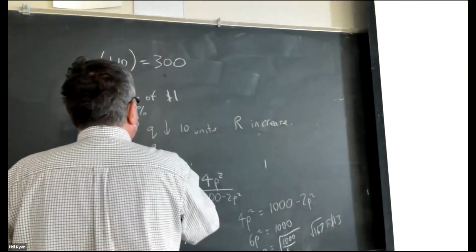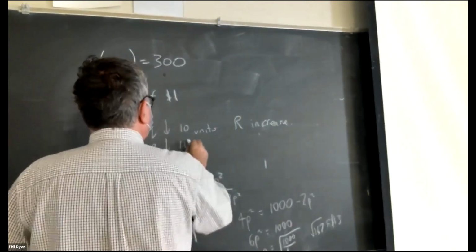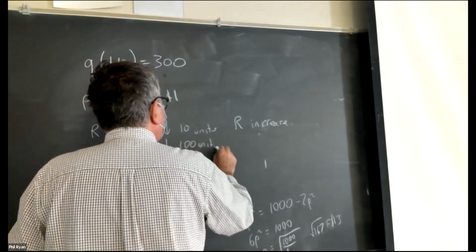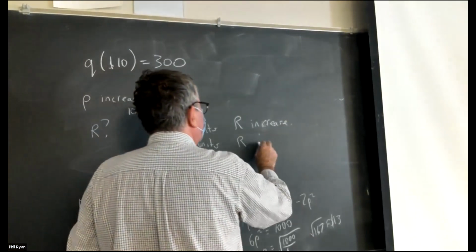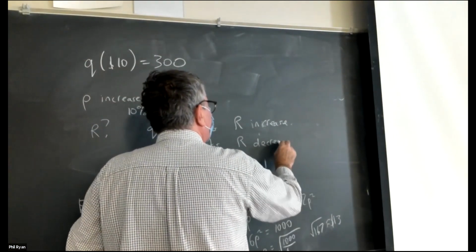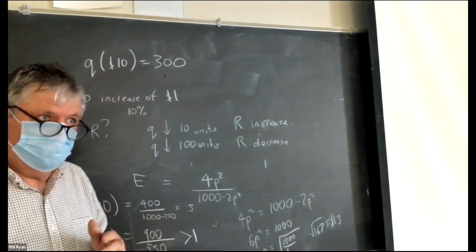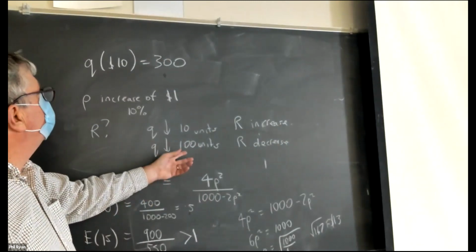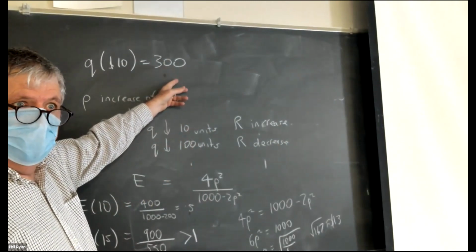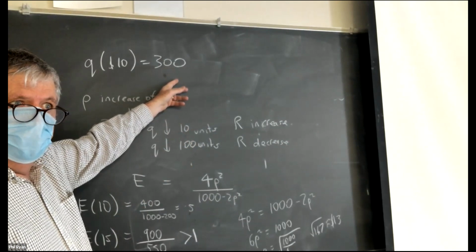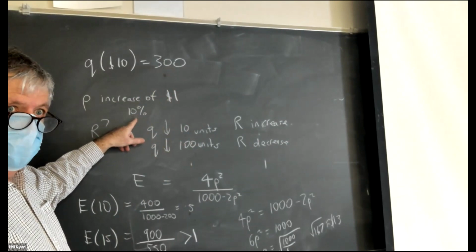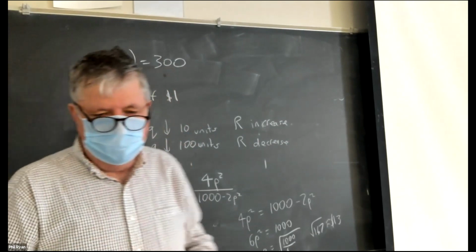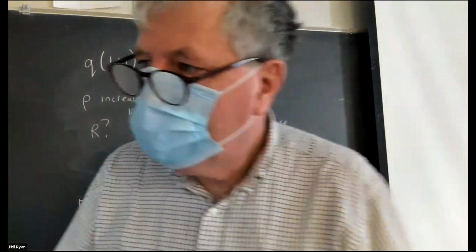Whereas if the quantity goes down 100 units, straight away we're going to see that revenue is going to decrease, because 100 divided by 300 is like 33% compared to 10%. Okay, excellent.